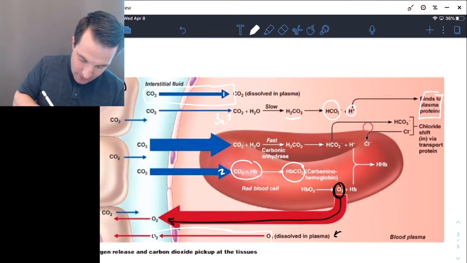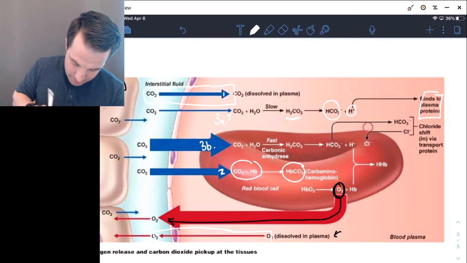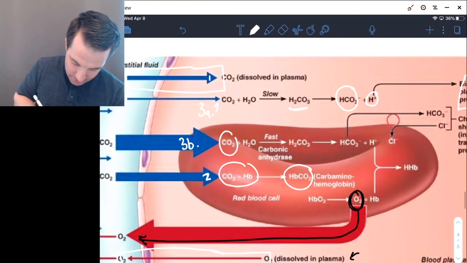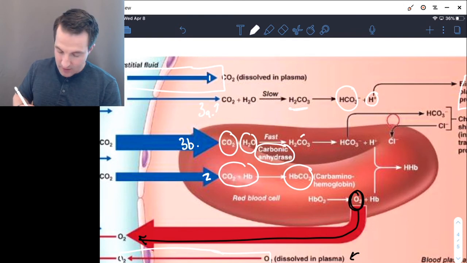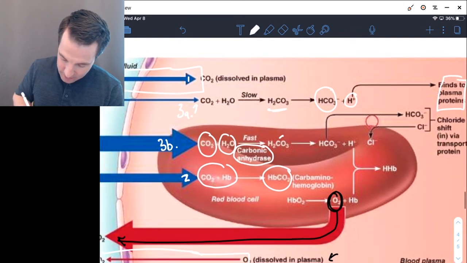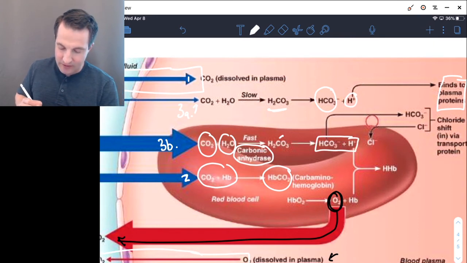Now, here's our 3B right here. Carbon dioxide plus our water. Here is our carbonic anhydrase acting on that to form our carbonic acid. Carbonic acid then, just as we said before, transfers into our bicarbonate plus our hydrogen ions.